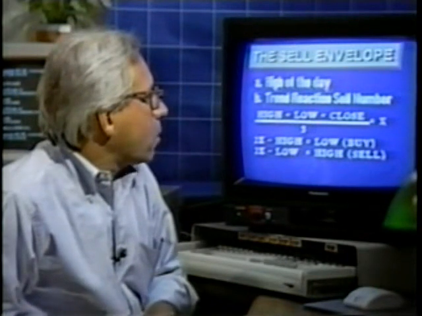One of the components of the sell envelope is the high of the day. It's important that you understand that I'm thinking of doing these calculations after the close of trading. So if this is Tuesday afternoon, the high of the day, or what I sometimes refer to as the previous day, is the day just concluded, the trading day, that is.